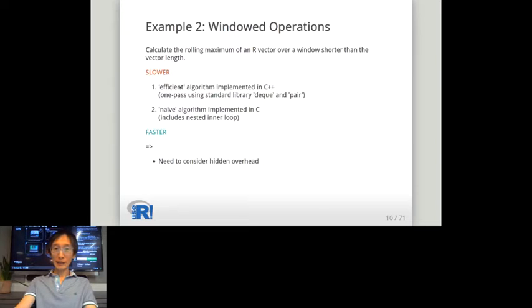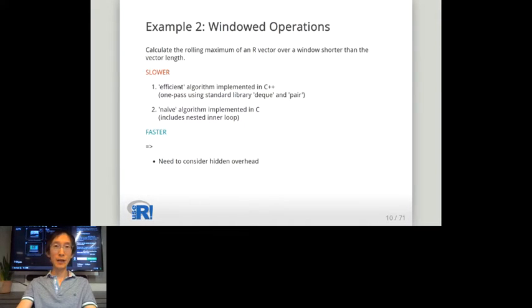Just to give you a second example, again for that package, it had to do some windowed operations. So these are calculations that are similar to calculating a moving average. At the time, I had implemented an efficient algorithm in C++. So this was a one-pass algorithm, and it used C++ standard library structures, double-ended queue and a pair, to achieve that.